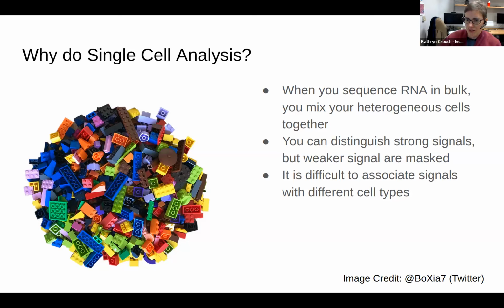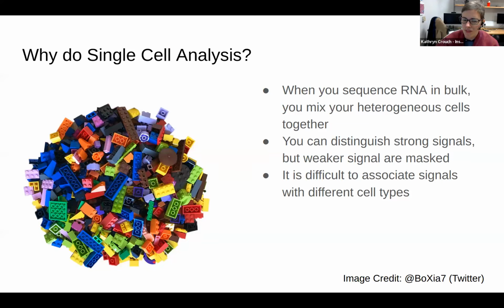So when you do this, you can distinguish very strong signals. So I might be able to say here, if these colors were representing genes, that I might be able to say something about this blue gene. But weaker signals are masked, they're hidden by the stronger signals. And so, for example, in this image, I can only see one or two of these darker purple blocks. There's one there and there's one down here.